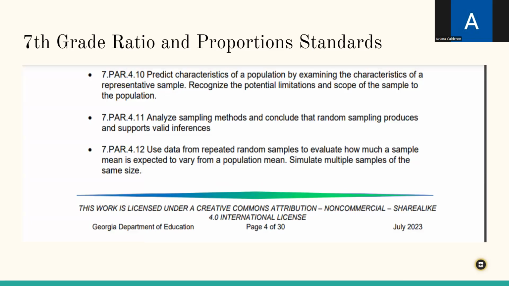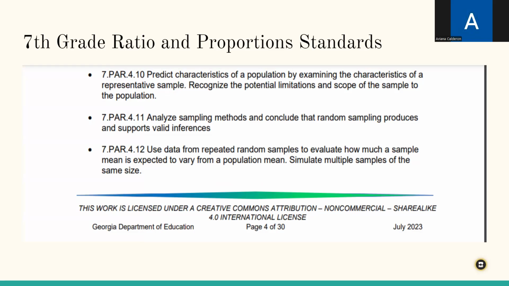7.PAR 4.12. Also within this standard, since we have new Georgia mathematical standards, they have added some statistical standards to this unit as well. And that is where the 7.PAR 4.10 through 7.PAR 4.12 come in.